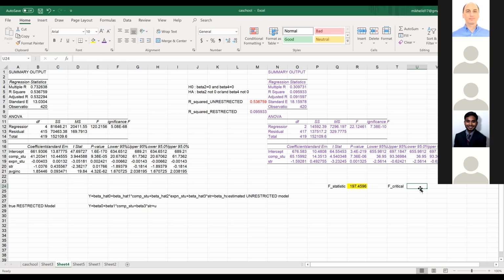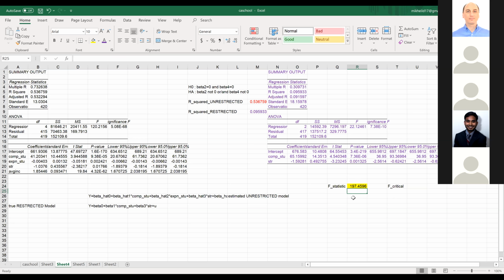You can take a look at this formula, but it's 1 minus M7, where M7 is R squared unrestricted, divided by B8, the number of observations, 420, which is the same for the two models. And then minus 4, the number of independent variables in the unrestricted model, and the minus 1 stands for the intercept.